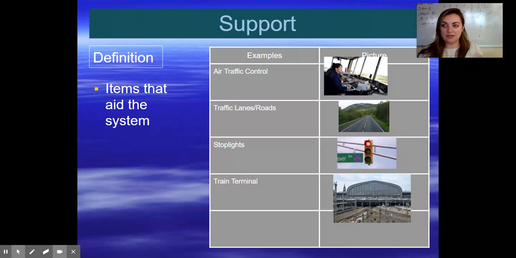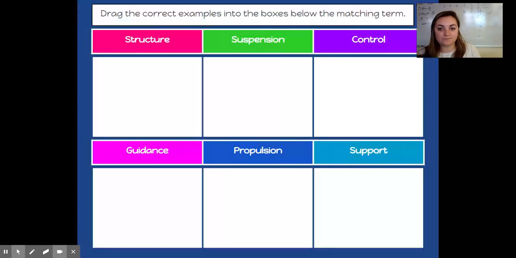Stoplights, any street signs, those kinds of things are not actually attached to the transportation system, but we need those things to get safely from one place to another. And then like a train terminal, again, if there were no train terminal, probably wouldn't be able to get people on or off or goods from one place to another. So that would also be an example of support.